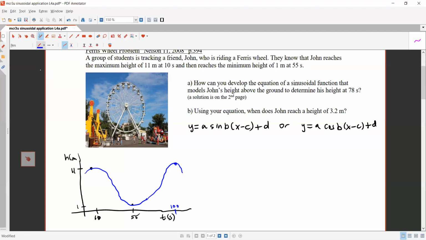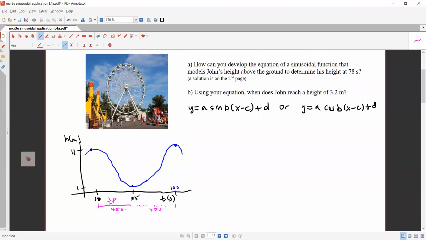How did I do that really easily? Half the period represents this length. What is that value? 45 seconds. To get another maximum, it has to be the same length of another half period, also 45 seconds, for a total of 90 seconds.